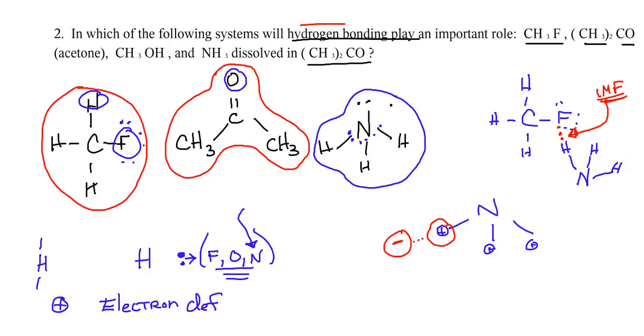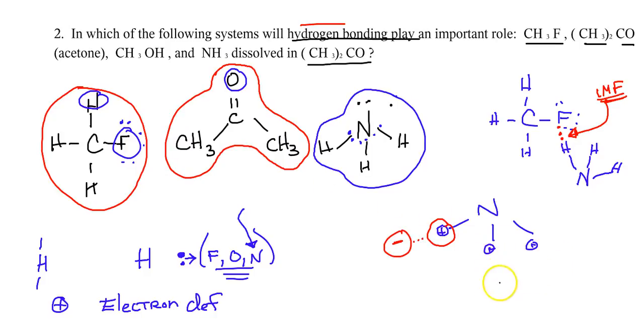H bonding is how DNA is held together, and certainly we need it to be held together to keep our genetic information. And there are many H bonding polymers that are important, especially bulletproofing polymers. Kevlar is one. So how else would H bonding occur? Well, look at our acetone.